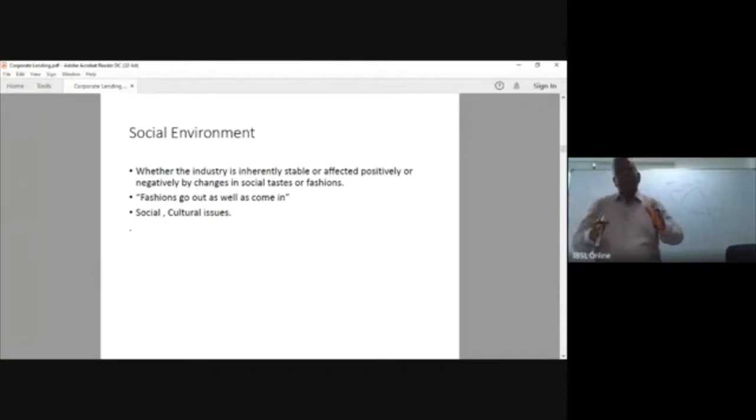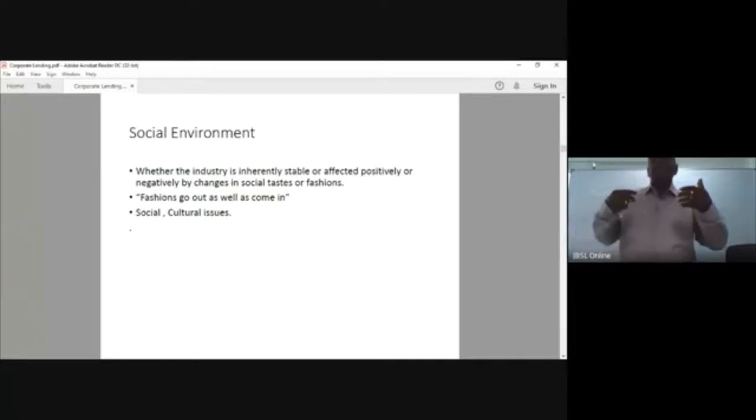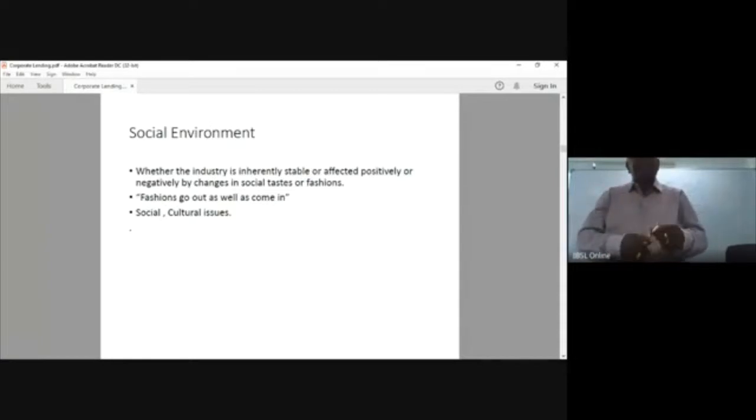Particularly, these are the garment, jewelry and footwear industries, mainly affected by fashions. You can see people are not always wearing similar types of clothes. The style is changing, the fashion is changing. So you must know that.